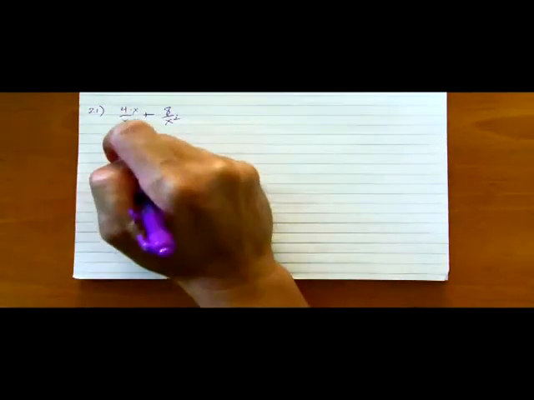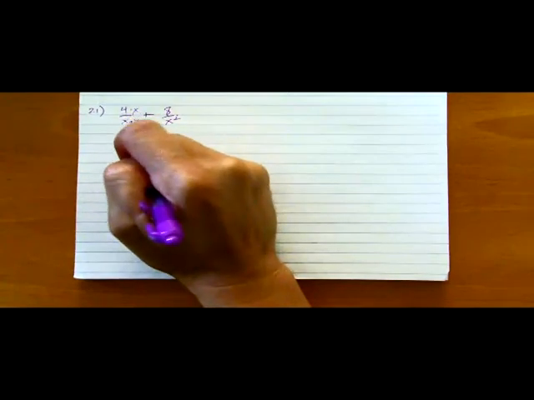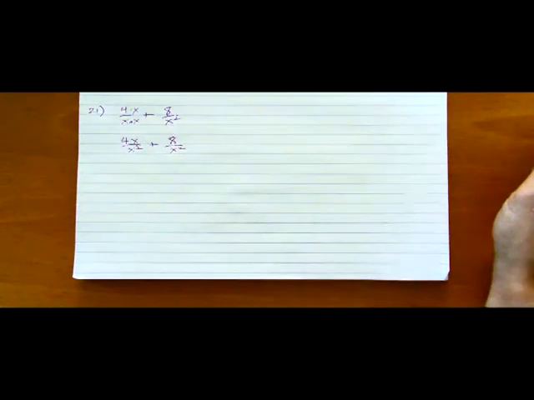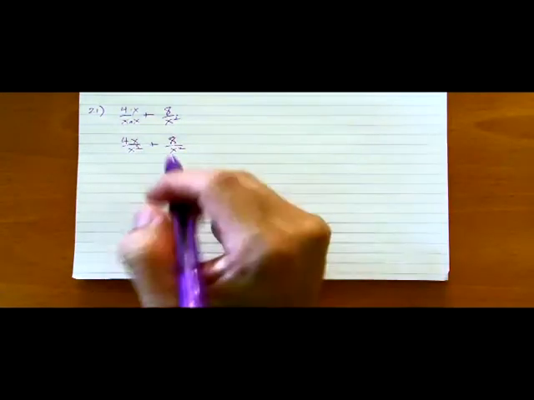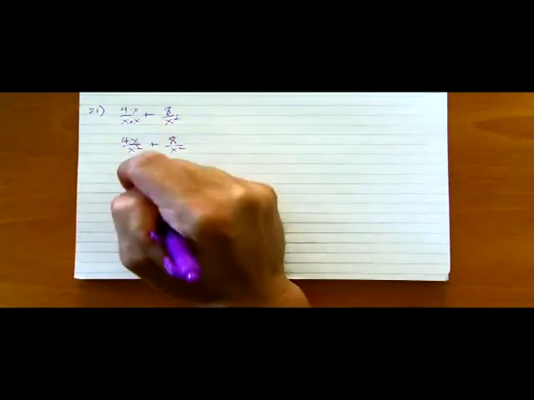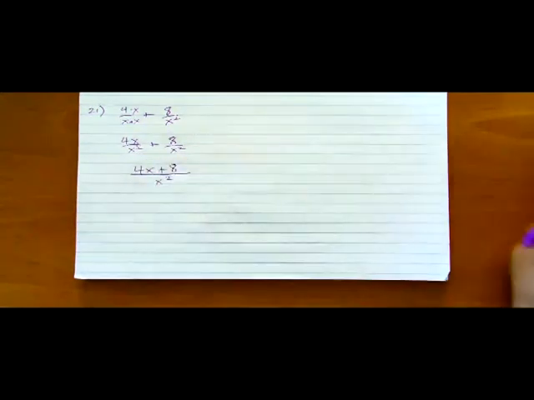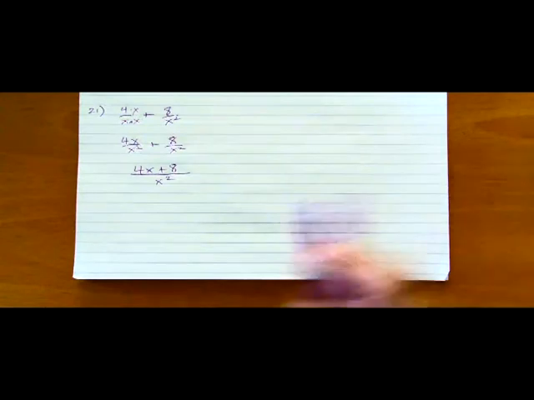Whatever we do to the top, we do to the bottom. So now we have 4x over x squared plus 8 over x squared. Now that the denominators match, we can combine the top. Our denominator is x squared, and we have 4x plus 8 over x squared.